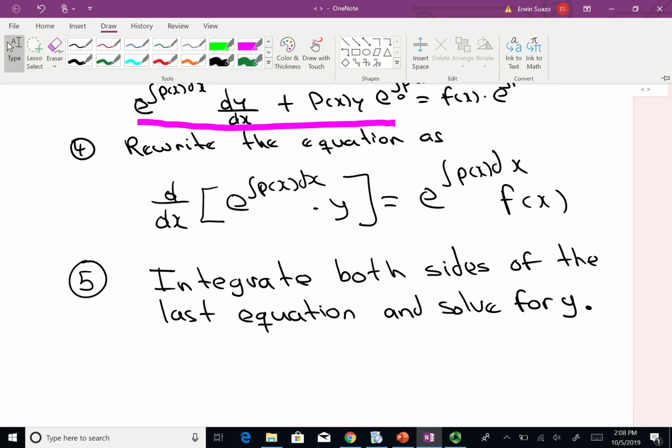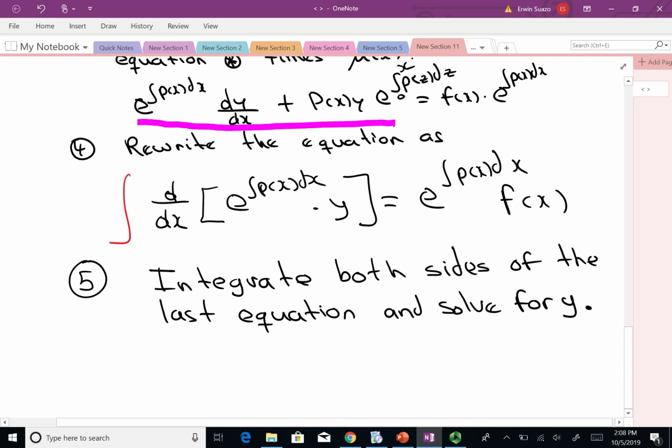So we integrate both sides. Oh, sorry, I mean dx, and then here integrate dx, right? So what happens when you integrate with respect to x a derivative? They cancel.